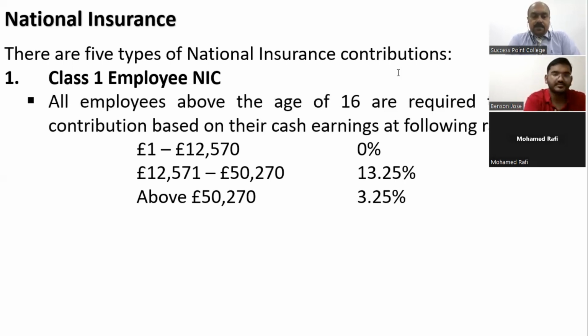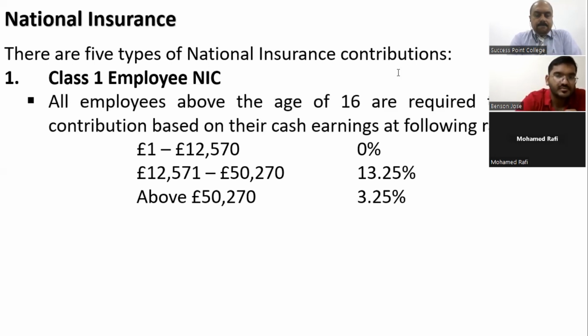There is a fund, and this NIC is that fund in which employees contribute, employers contribute, and other businessmen also contribute. This fund is used for the welfare of old people, retired people and any needy people. Everyone has to contribute into this fund. This is apart from income tax, so this is another type of tax, you can say.